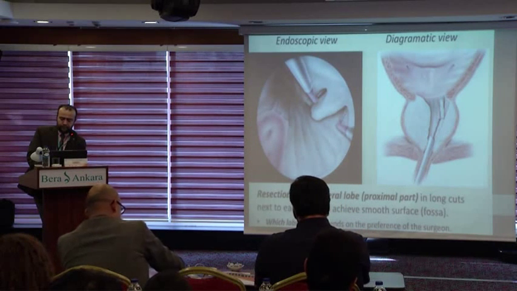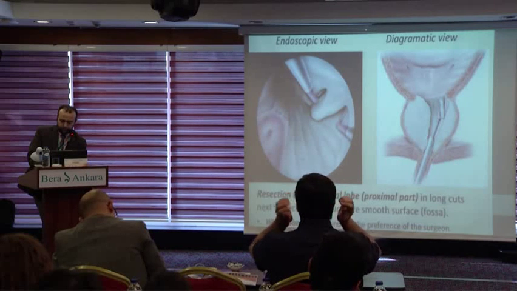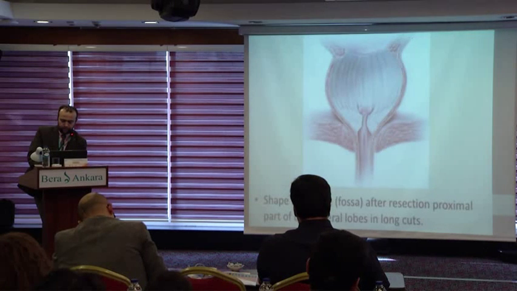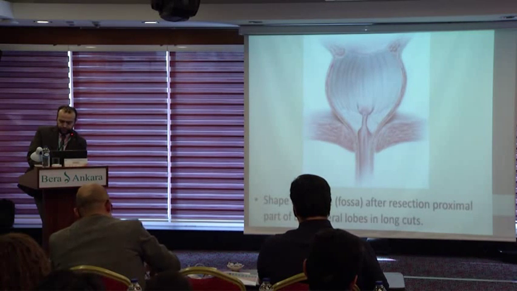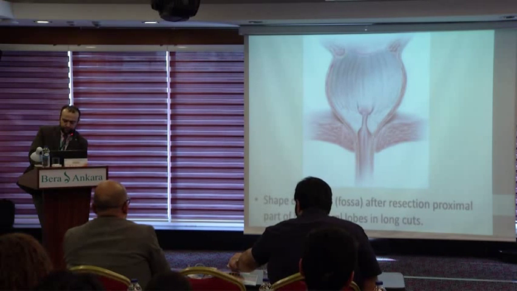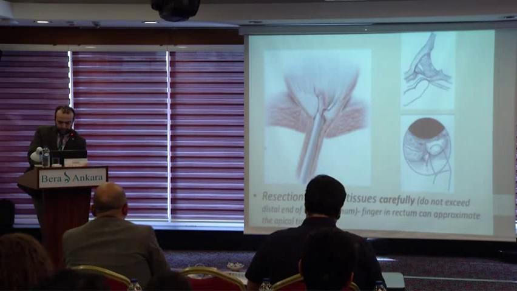After that we can move to the left lateral lobe, and then the right lobe of the prostate, the proximal parts to the veromontanum. This is the shape of the fossa at the end of the surgery, with resection of the proximal parts of both lateral lobes in long cuts.